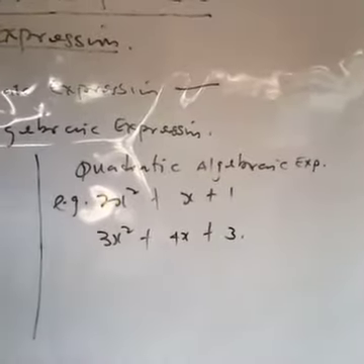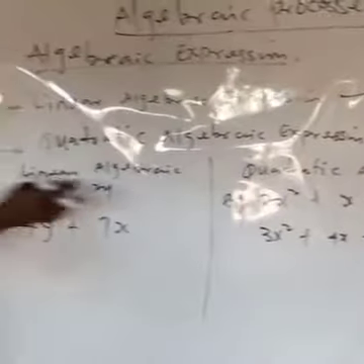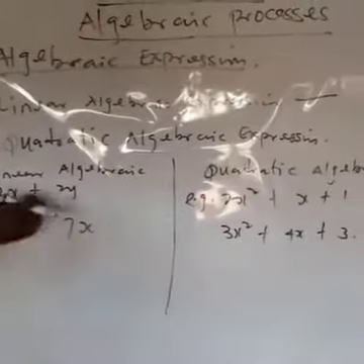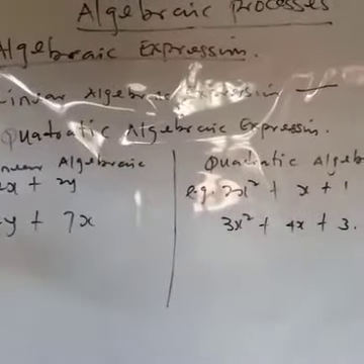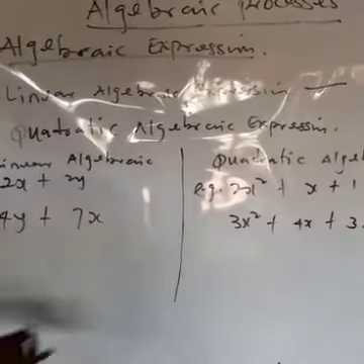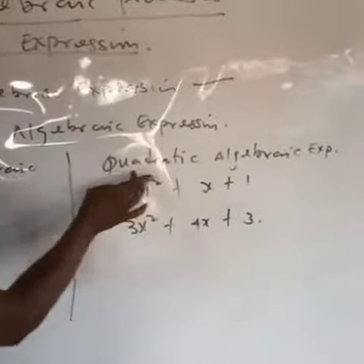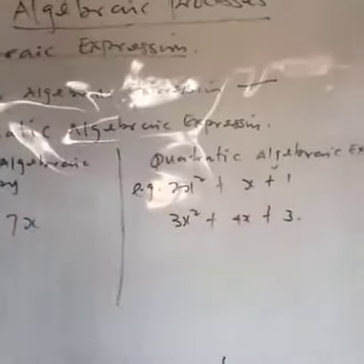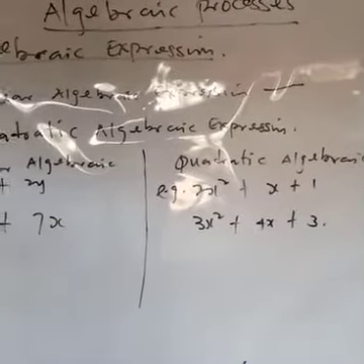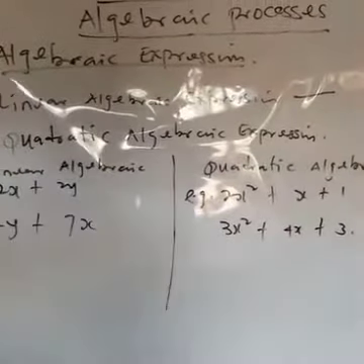Like that. As you can see, here, linear algebraic expression, the highest power is 1. That is the exponential power here is 1. While under quadratic algebraic expression, the highest power is what? 2, as you can see. So that is that about that.